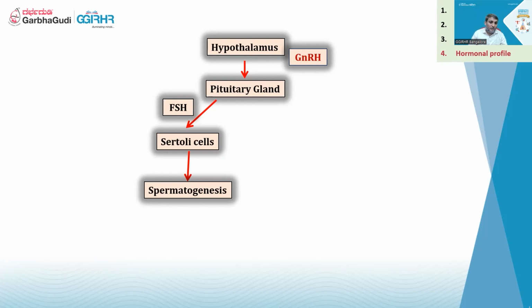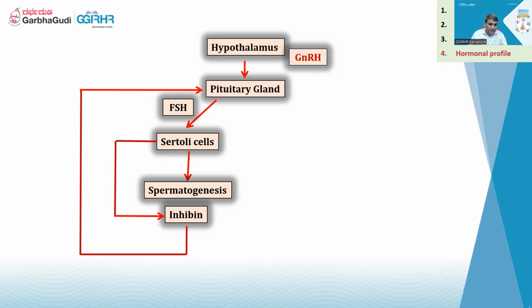Now, the Sertoli cells will also secrete inhibin. Firstly, they cause spermatogenesis, and they secrete inhibin. This inhibin secreted by the Sertoli cells tells the pituitary gland to reduce FSH secretion. This is normal physiology we usually study in the physiology textbook.